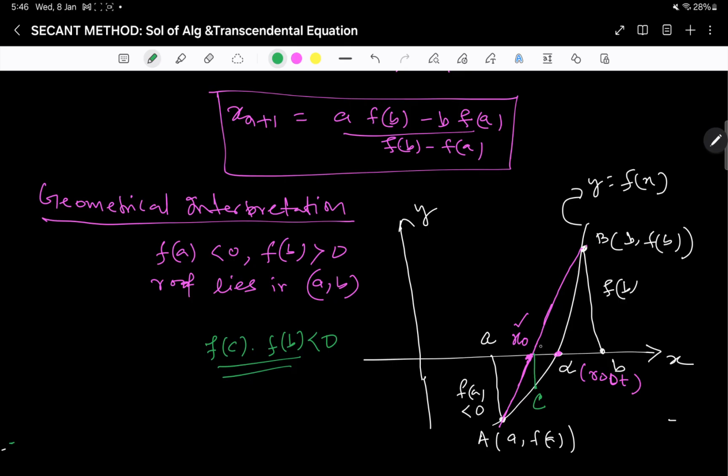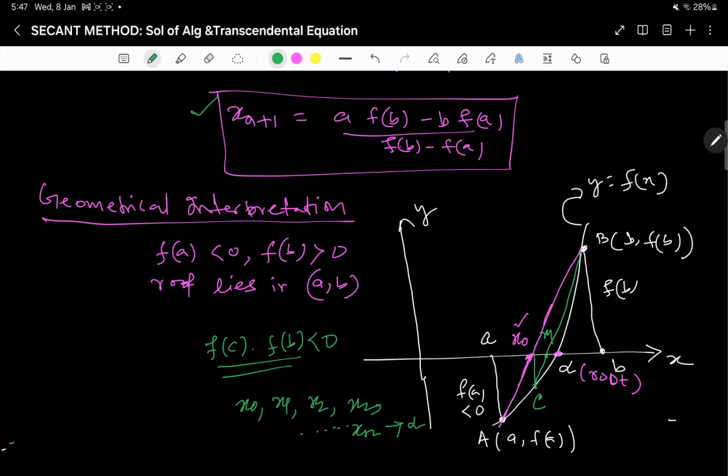We next join a chord here, and this intersects at x1, say. Gradually we have the approximations x0, then x1, then x2 can be obtained by this formula, then x3, and we go on considering xn. This xn approaches our desired root.